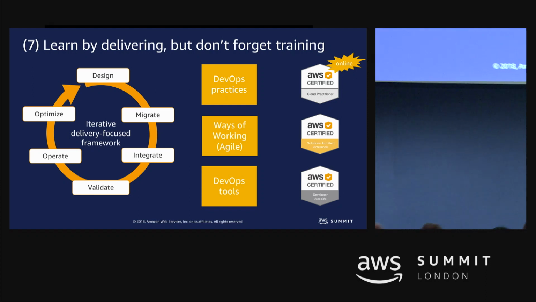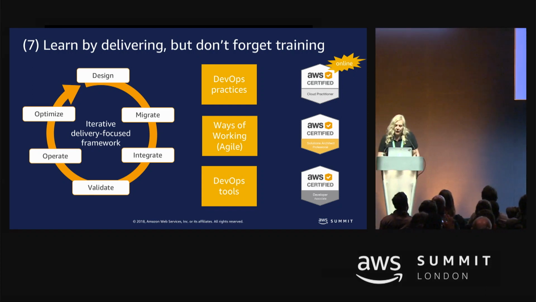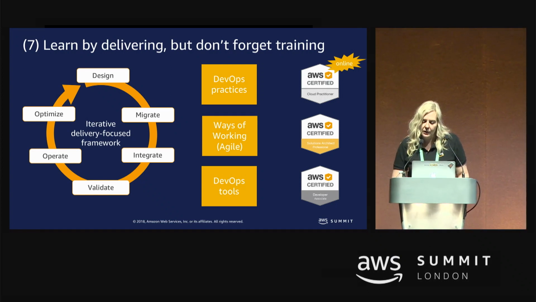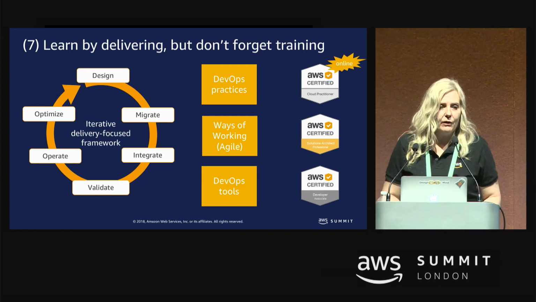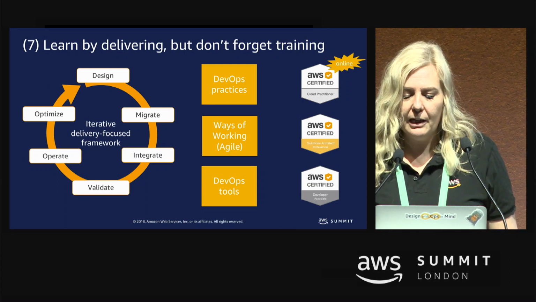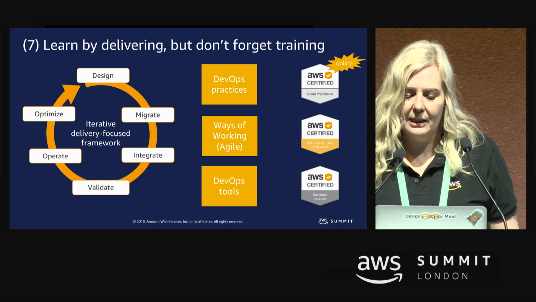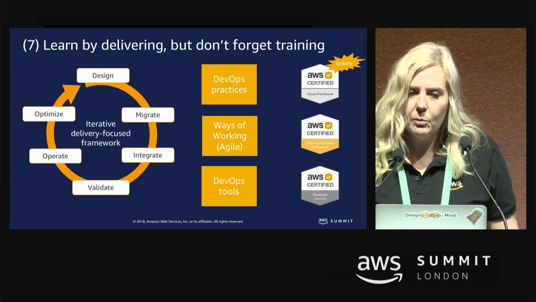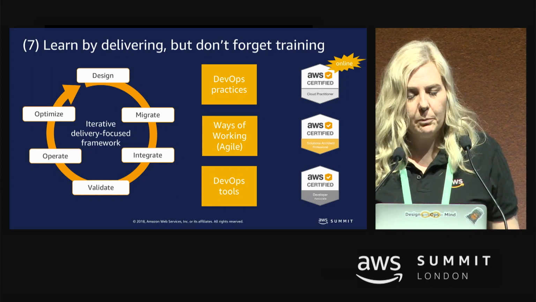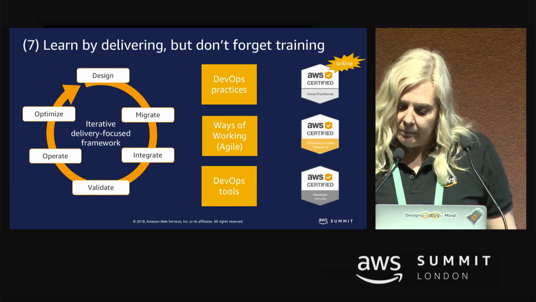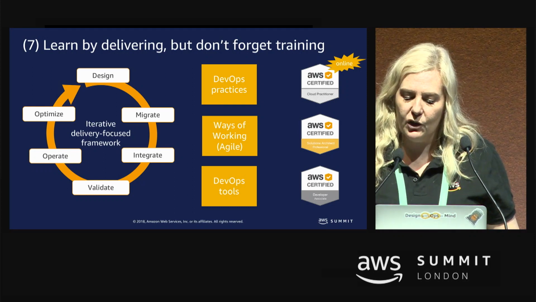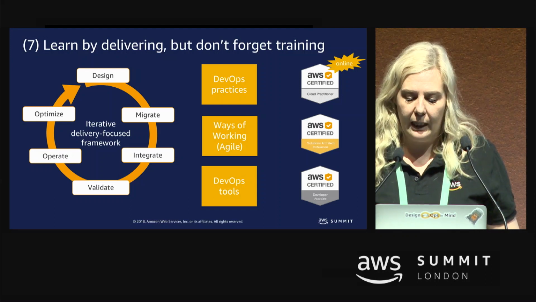Thanks, Anya. As Anya said, we need to move quickly with decisions so we don't stall and we can actually start to move some workloads. This leads us to our seventh best practice. We encourage teams to learn by delivering, the fail fast mentality. The cloud approach helps teams create an iterative, delivery-focused framework that really speeds up product delivery and provides the business with usable features and services really quickly.